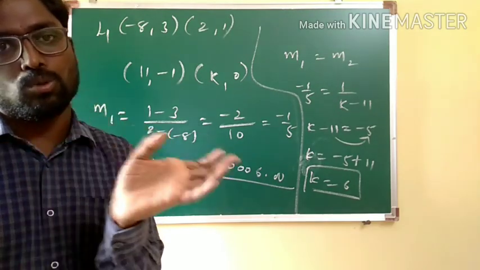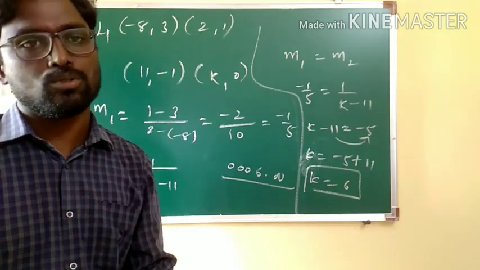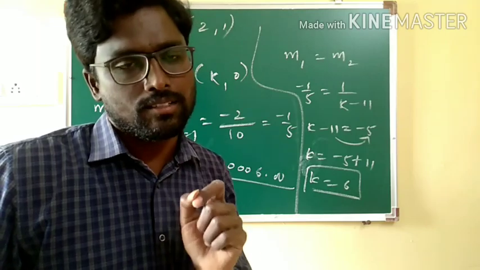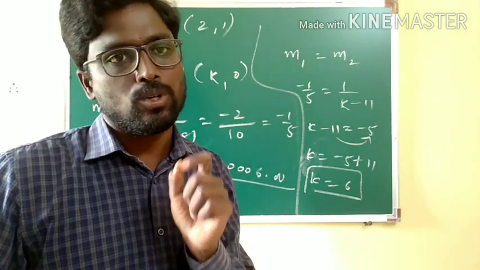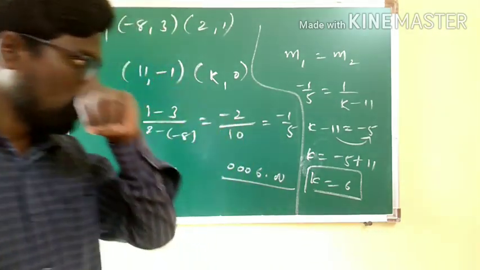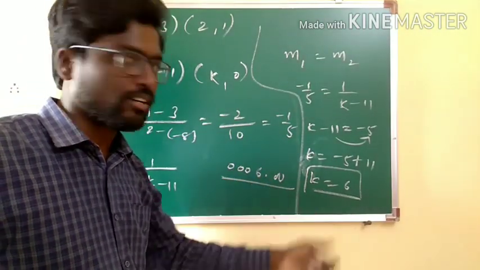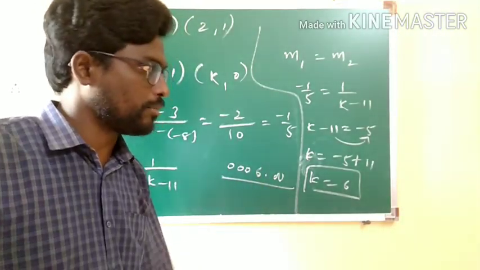If the answer is 0.5, you have to bubble 0000.50. You have to answer it like that. Here we have got k is equal to 6, so I will write 0006.00, so that it will be bubbled accordingly in the examination also.